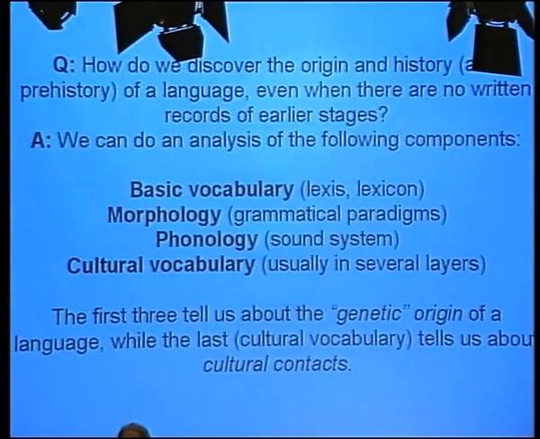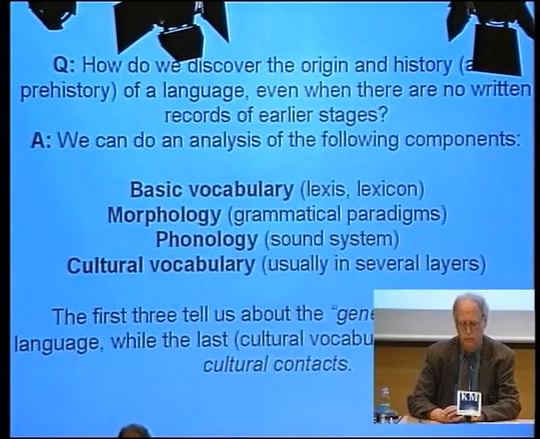So at the beginning, this is the question: how do we discover the origin and history, the prehistory, of a language, even when there are no written records of earlier stages? And the answer I give: we can do an analysis of the following components.